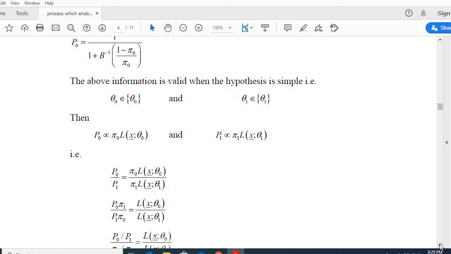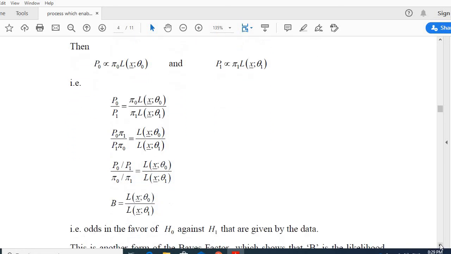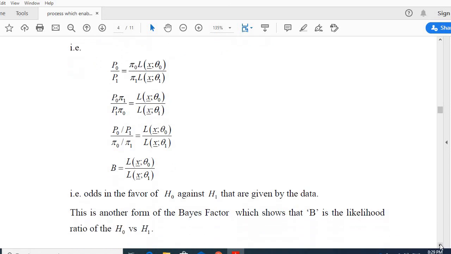After dividing P naught by P1, we have the Bayes factor B equal to L for data x and parameter theta naught divided by L for data x with parameter theta 1, that is the odds in favor of H0 against H1 given by the data. This is another form of the Bayes factor, which shows that B is the likelihood ratio of H0 versus H1.